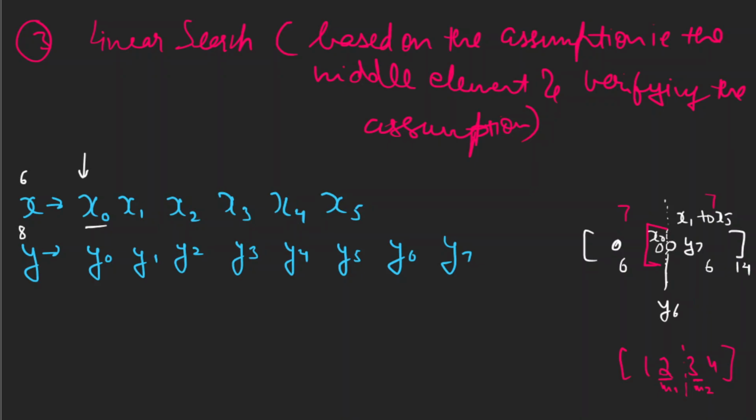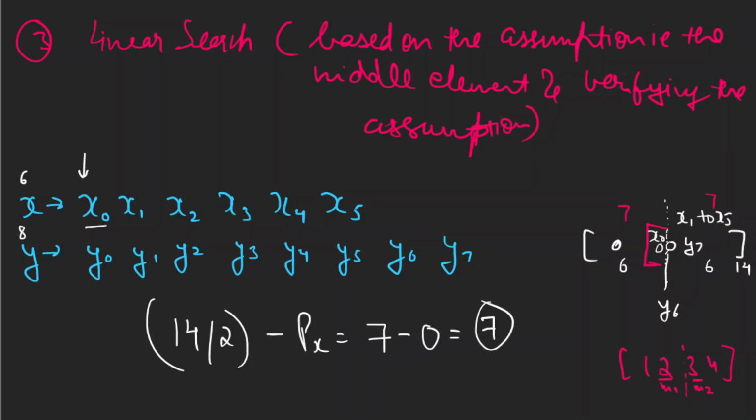The formula is 14 by 2, that is 7, the size of our half subarray, minus the partition point of x, that is px. So 7 minus px, which is 0, gives us the value 7, which means the seventh index is our other partition point.